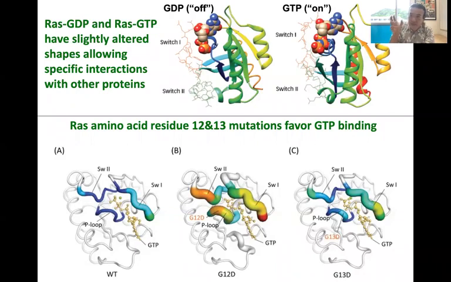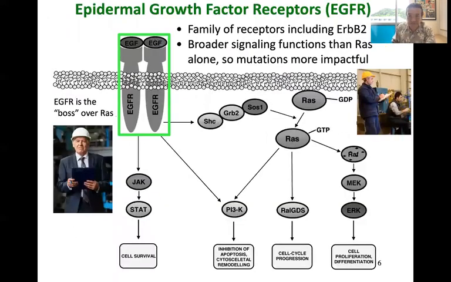So that means these mutations cause the RAS protein to just be stuck in the on position, communicating with those different downstream pathways that start doing things like messing up the cell's ability to undergo apoptosis, the cell's ability to decide where in the cell cycle it should be, or the cell's ability to control whether or not it's just focused on proliferating.